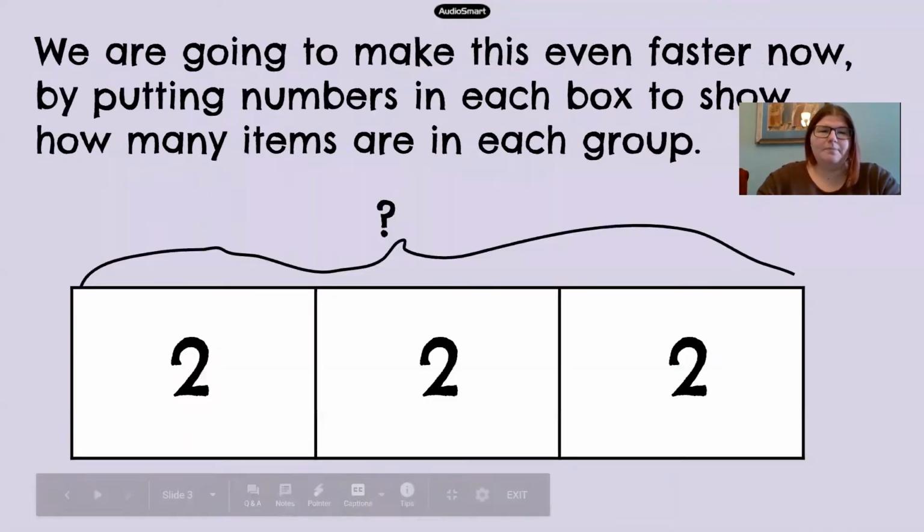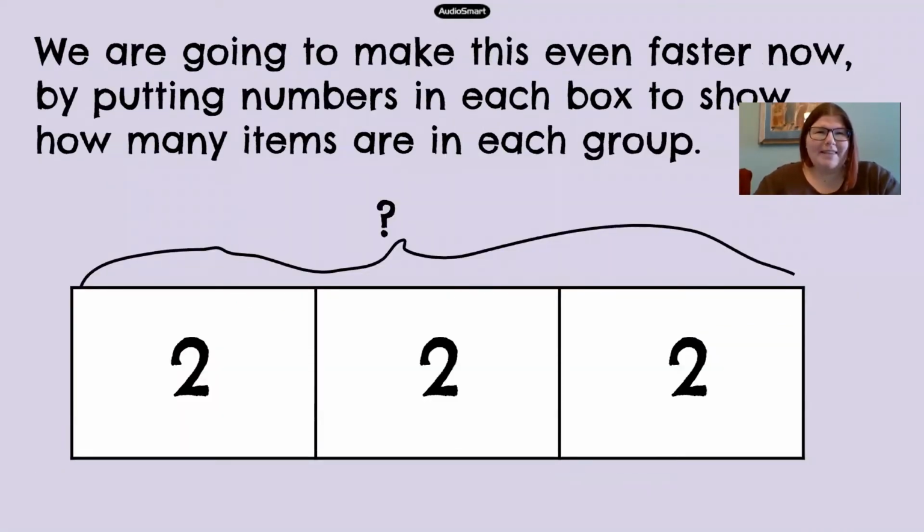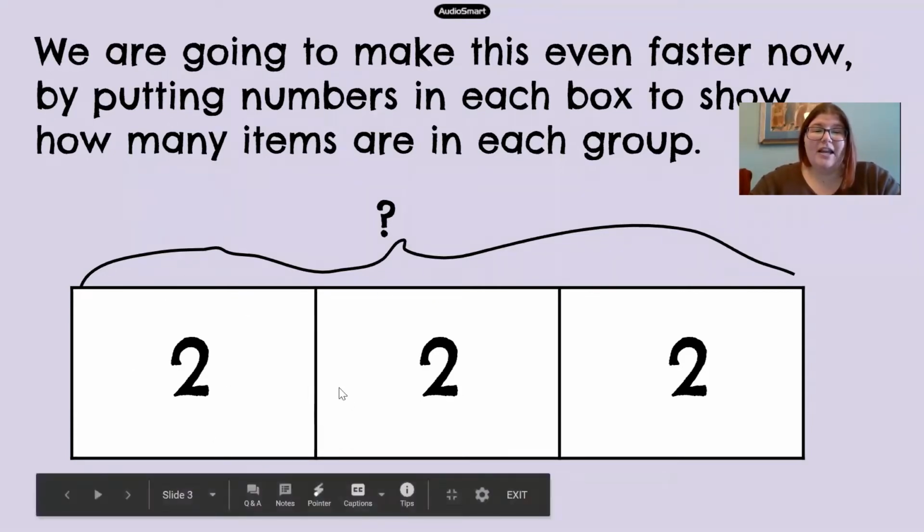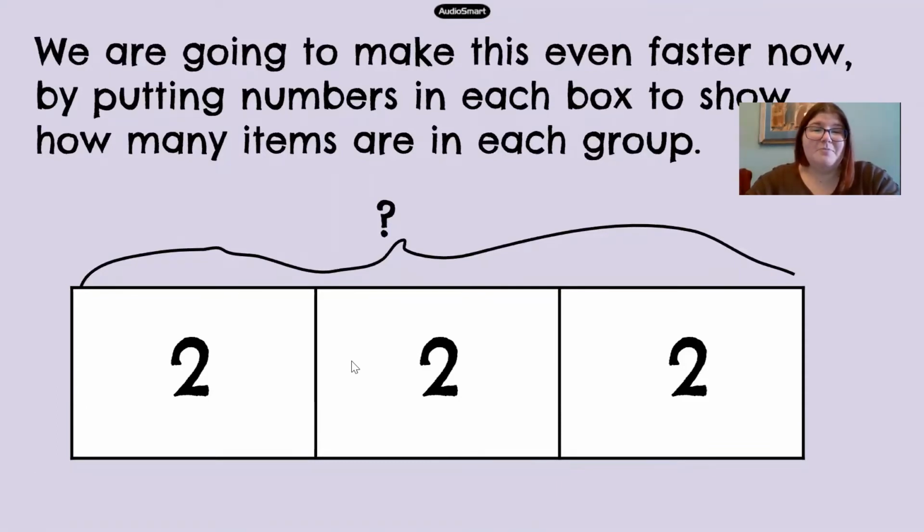So now, we're going to make this even faster by putting the numbers in each box to show how many items are in each group. So instead of drawing on our model 2 pictures here and 2 pictures here and 2 pictures here inside of each of our groups, we're just going to put the number 2. So, if we see this, what do you think our repeated addition equation would look like?